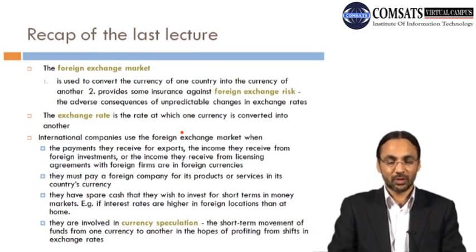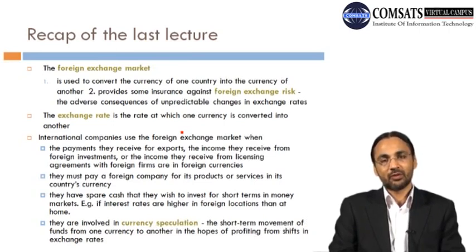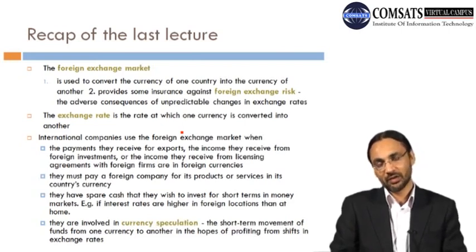The first one is the payment they receive for exports, the income they receive from foreign investments, or the income they receive from licensing agreements with foreign firms, in foreign currencies. This is the first scenario, when a firm is going to receive some payment, if they have done export, if they have made some investment in a foreign country, or if they have a licensing agreement and have to receive money from the foreign market against the licensing.